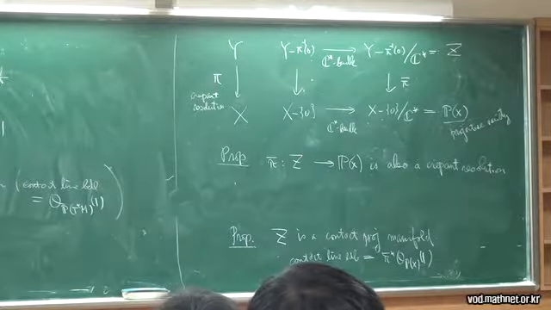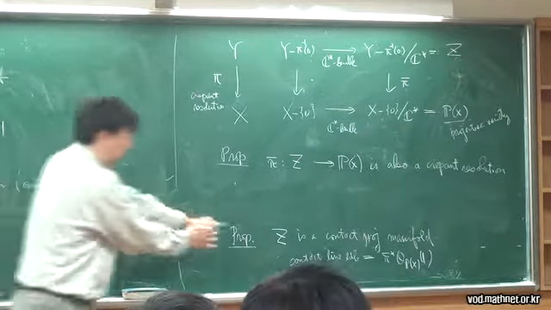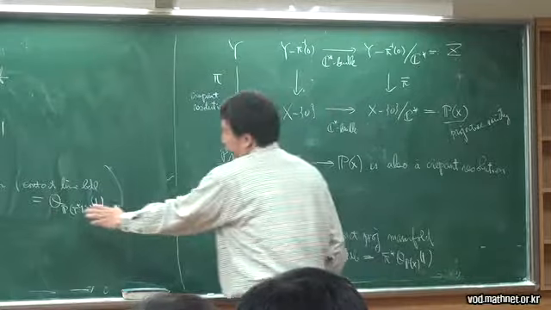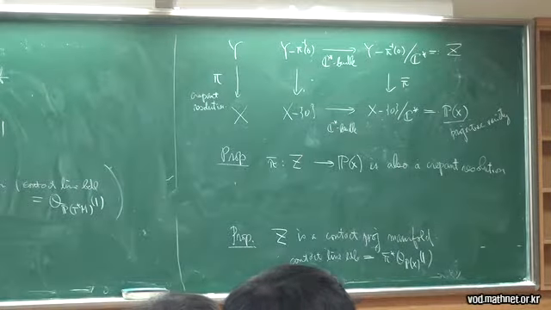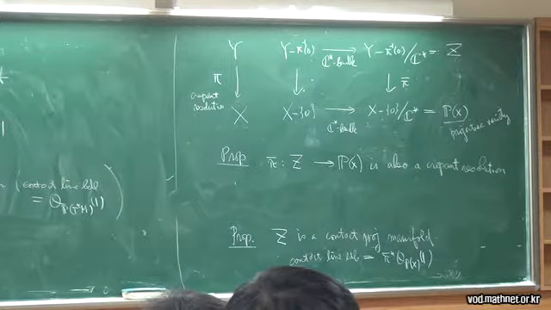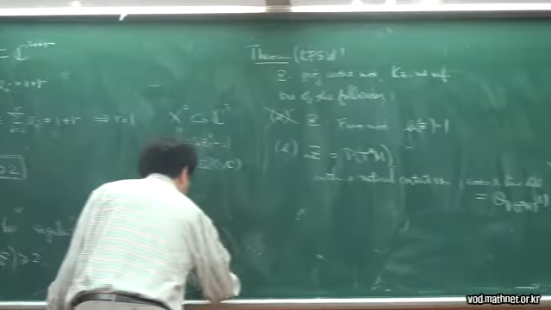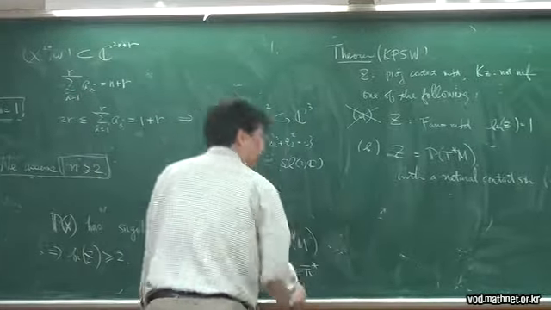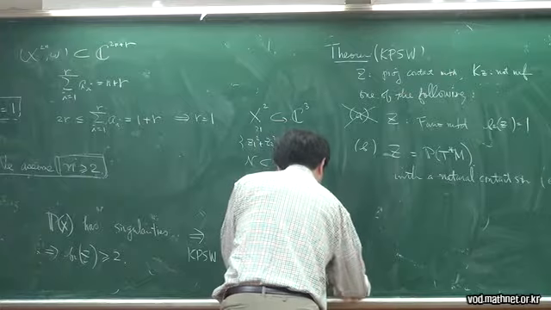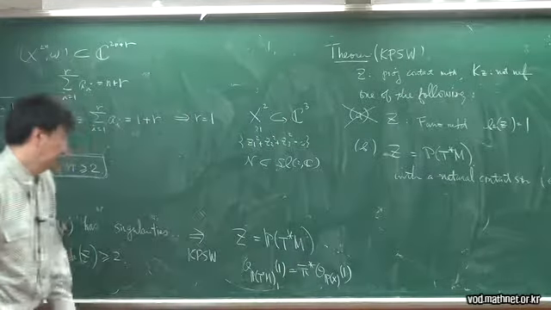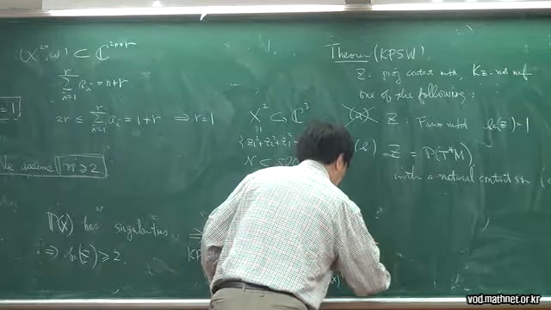But here the contact structure should be the natural one. So these contact structures should agree, and so the contact line bundle is just this. This should agree. PX1. And this is the contact line bundle.